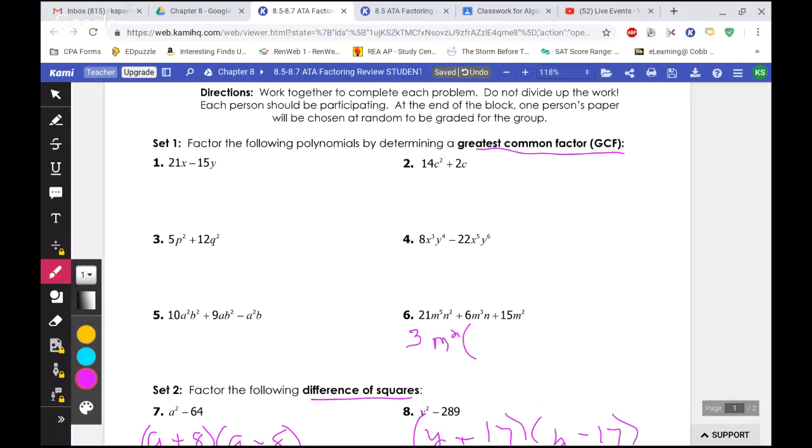So 21 divided by 3 is 7. And then M to the 5th, you always want the smaller exponent underneath here. What would that leave me? M what?